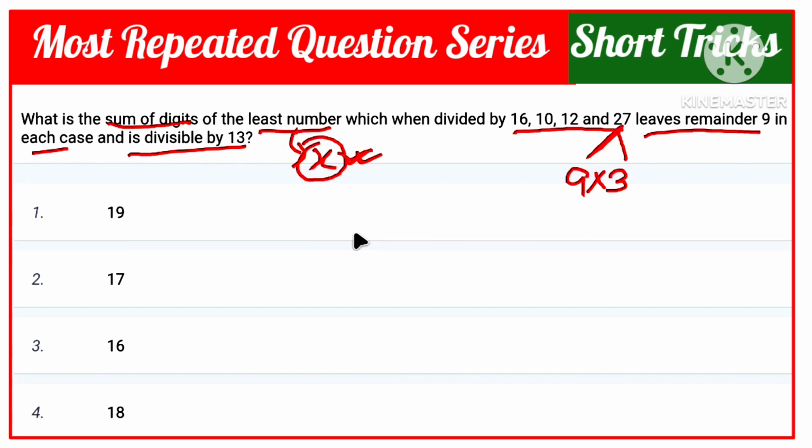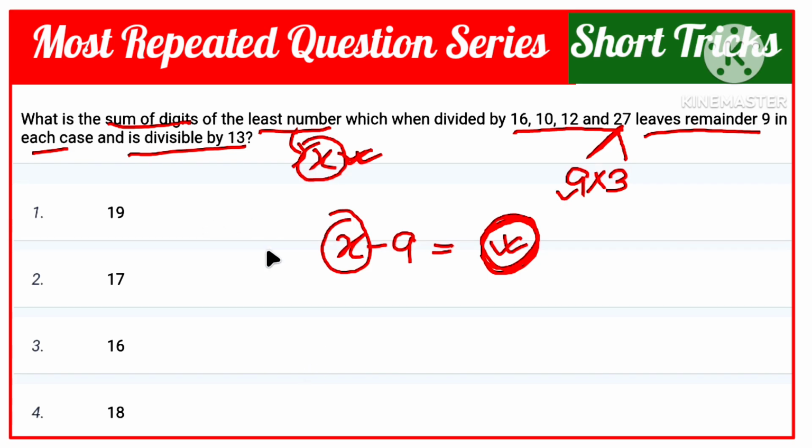That means if from x we subtract 9, whatever you will get over here, this number will be definitely divisible by all these four numbers, and particularly 27, which is 9 into 3. So this particular number will be divisible by 9 and 3 also, because these are the factors of 27. That means this answer will be divisible by 9 as well.